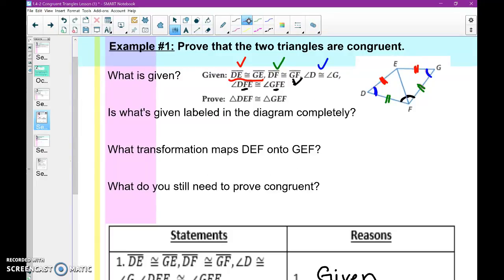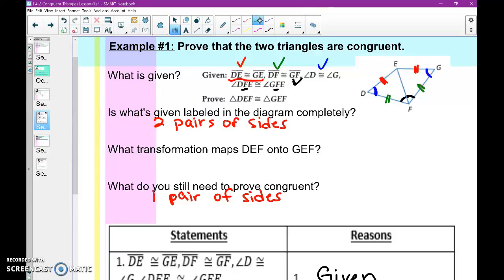So let's kind of assess what we have so far. They gave us 1 pair of sides, 2 pairs of sides. So 2 pairs of sides are already taken care of for us. And that means that we still need to prove 1 pair of sides because there's 3 pairs of sides in triangles. So write that off to the side.